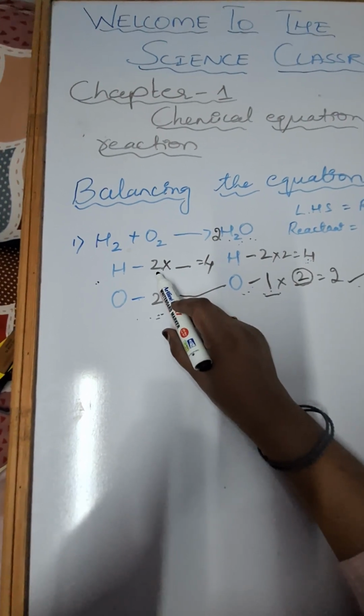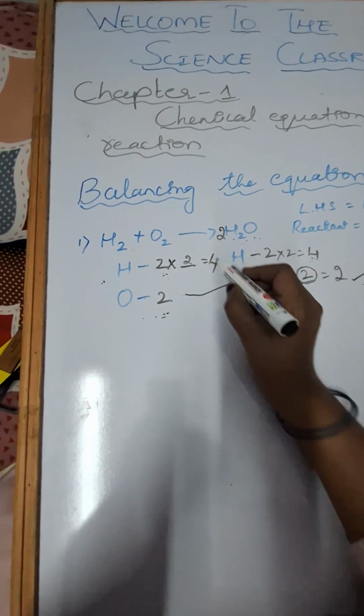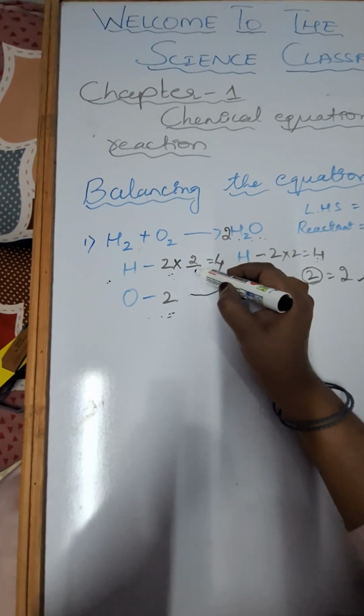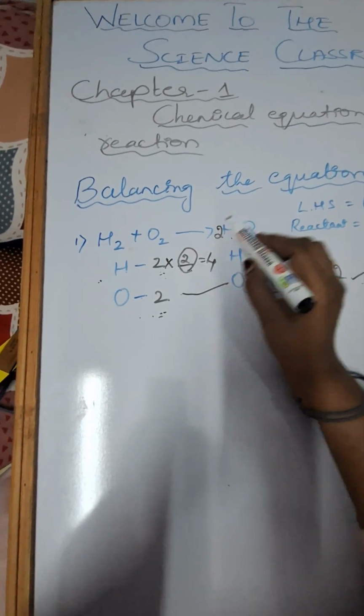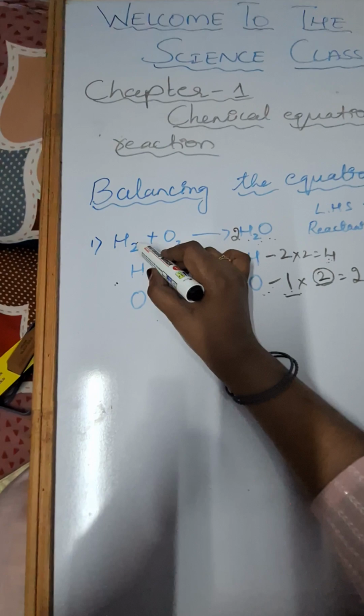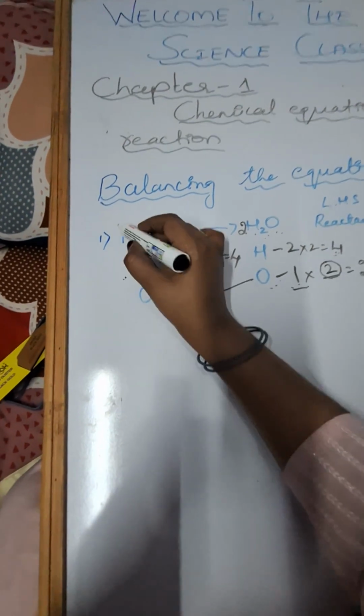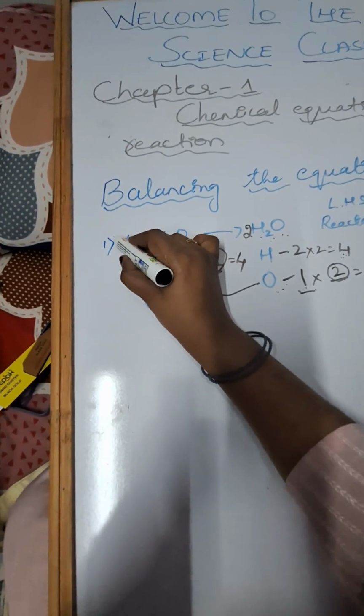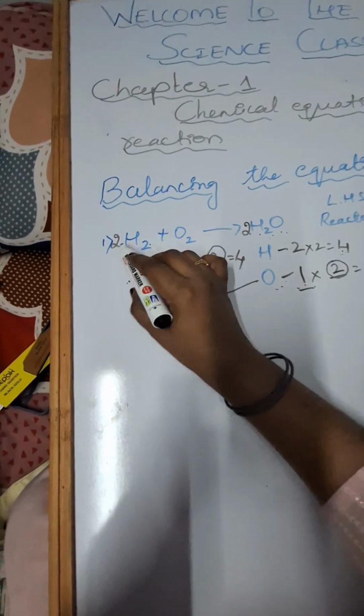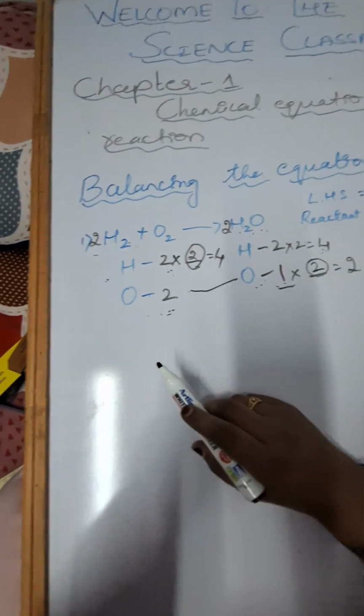Now what? In the 2 table, if you multiply with 2, we get 4. Now where should this 2 be added? As we all know, it can't be added here. We have only one place, that is the front. If I add here, it becomes 2 2's are 4.